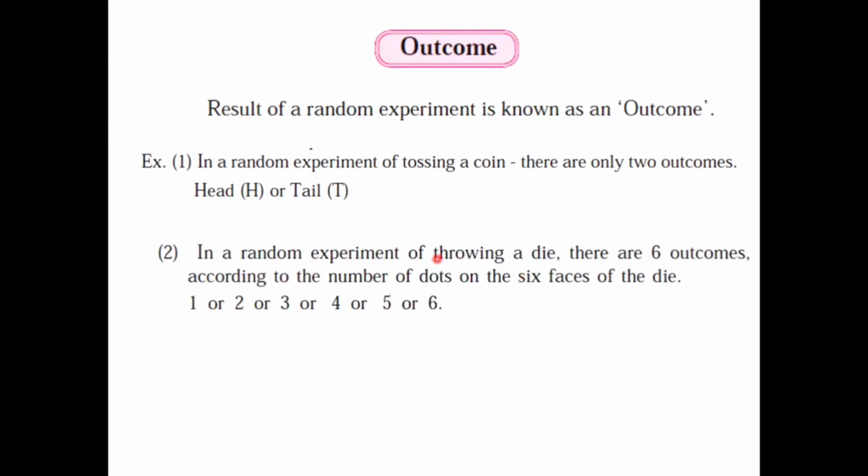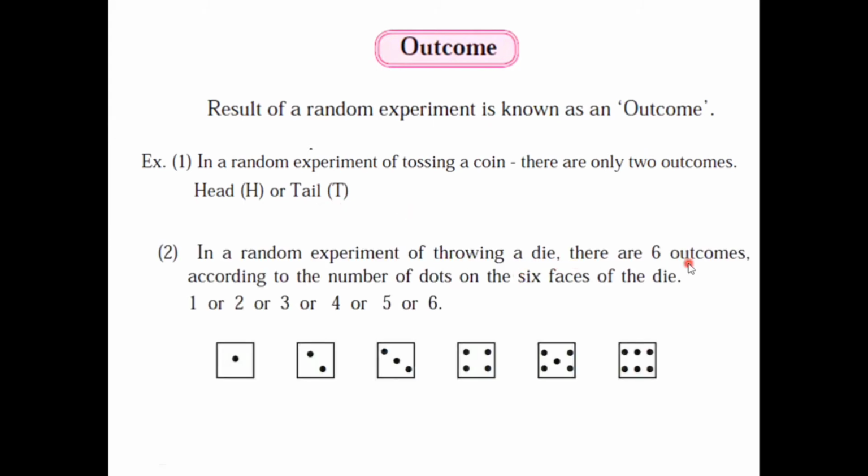In a random experiment of throwing a die, there are 6 outcomes according to the number of dots on the 6 faces of the die. On each face of a die, we know that there are numbers from 1 to 6. So any one of them we can have on the upper surface.